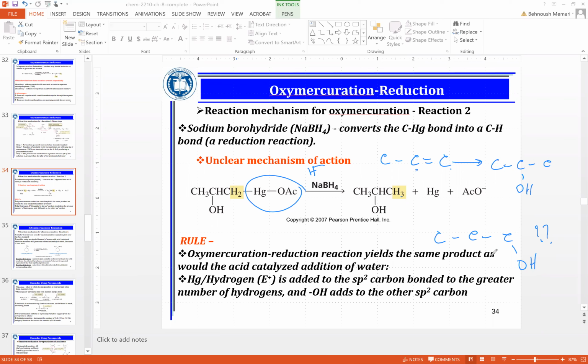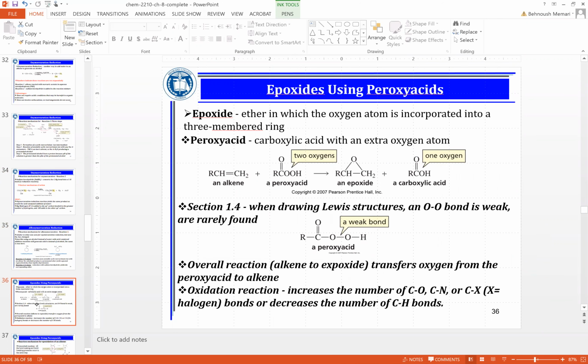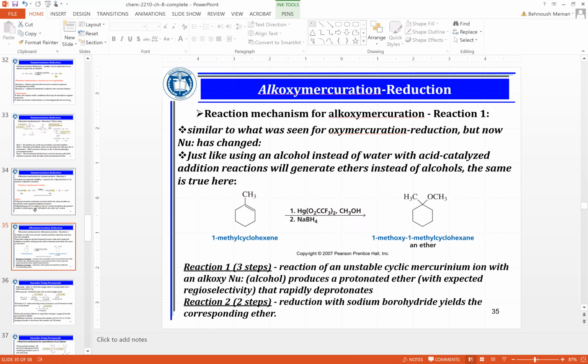For anti-Markovnikov addition of water, there is a new reaction, and that reaction is called hydroboration oxidation. But before we go to hydroboration oxidation, let's look at these examples.